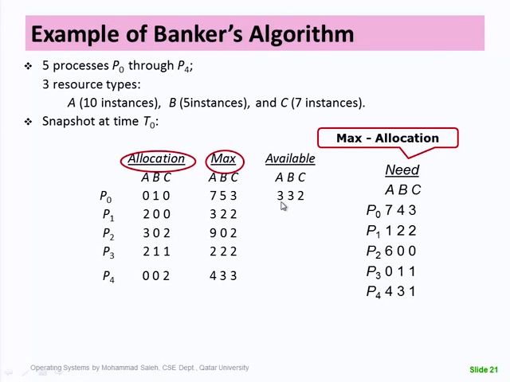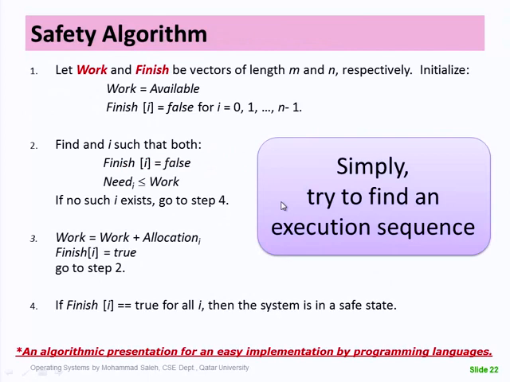Now, we say a system is in safe state if we can find an execution sequence. An execution sequence means we look at the processes and their needs. We are trying to make each process finish, and for a process to finish, we see if we can give it all that it needs.